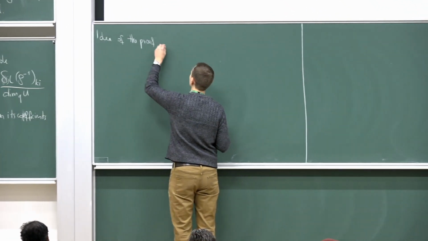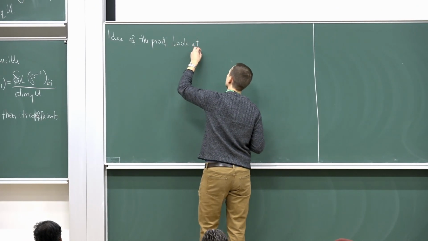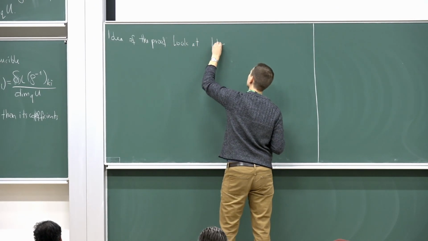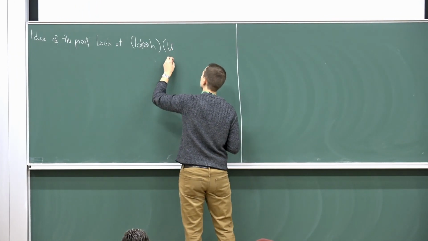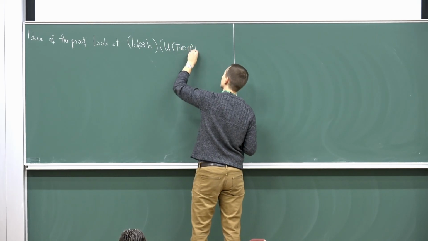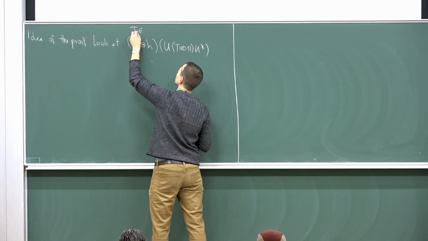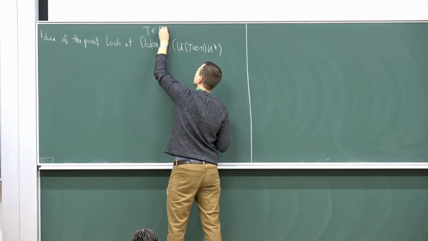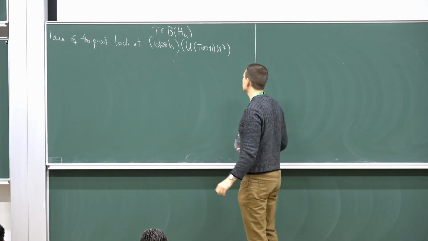So look at identity tensor h of U star. So P is just some map acting on the space on which U acts.